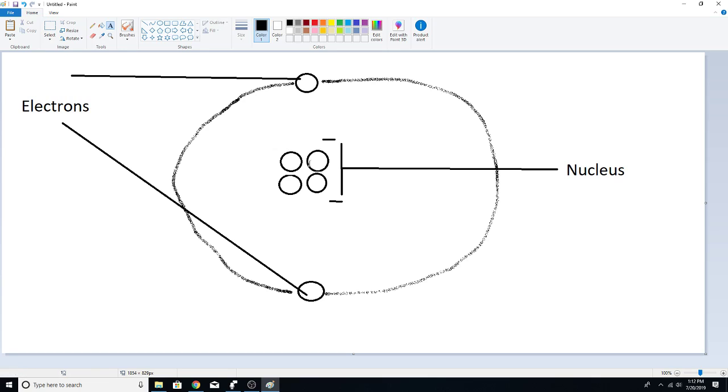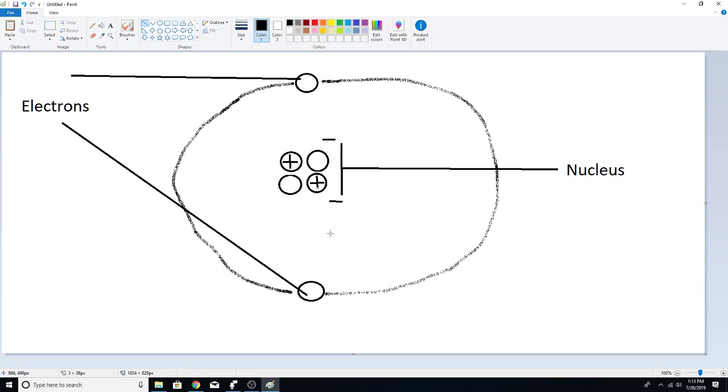Now, the nucleus itself has a variety of particles inside. We call them protons and neutrons. Protons and neutrons are part of the nucleus, and usually protons are expressed as a plus. So if I show a plus there, and then another plus, the plus sign particles here are the protons.